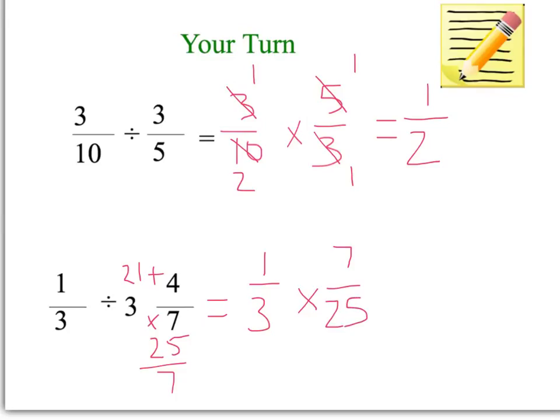I can't cancel any of those out, so I'll just have to do the multiplication. And I don't think I can simplify anymore, so that seems to be the answer, 7 over 75. Alright, good luck doing your questions for the division of fractions.